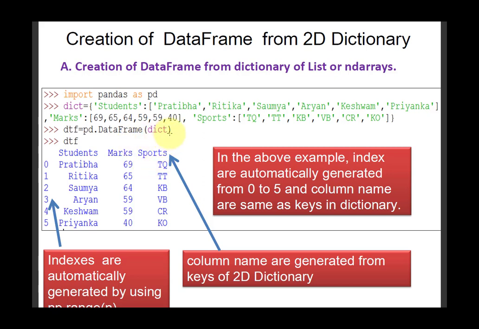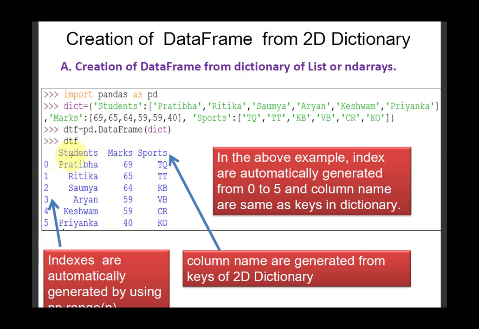So there I am passing the dictionary's values, so that will convert into the data frame. Then we will execute the DTF, means the DTF object, and we will get the output.